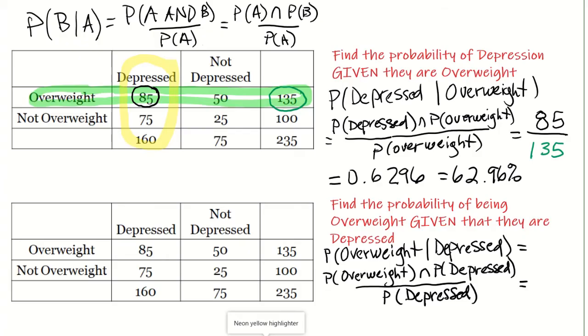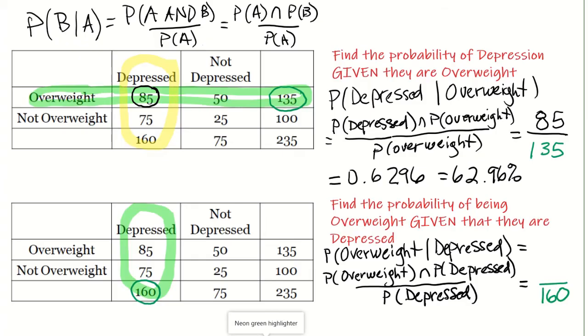So I'm going to want to find my denominator first. So I'm looking for the depressed participants, and I want to get all of the depressed. The probability of all of the depressed participants is going to be 160. And that's going to be my denominator, probability of depressed.